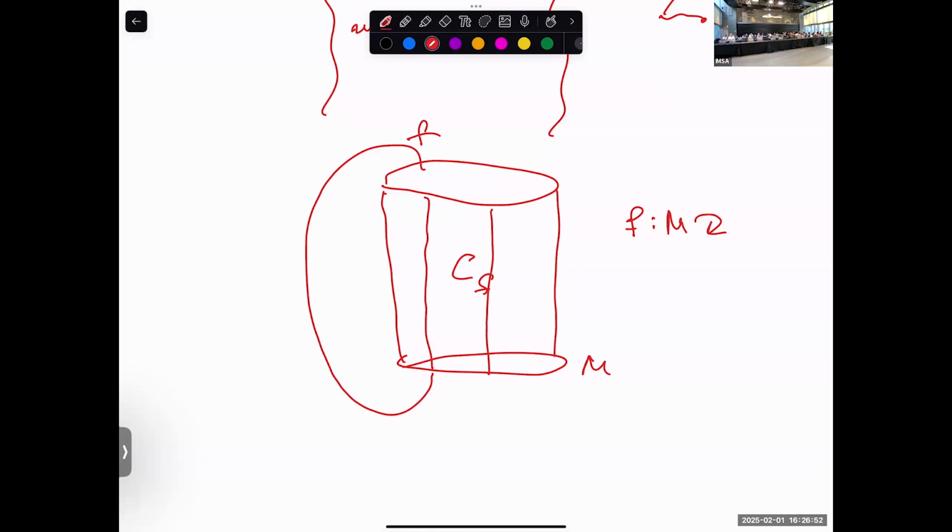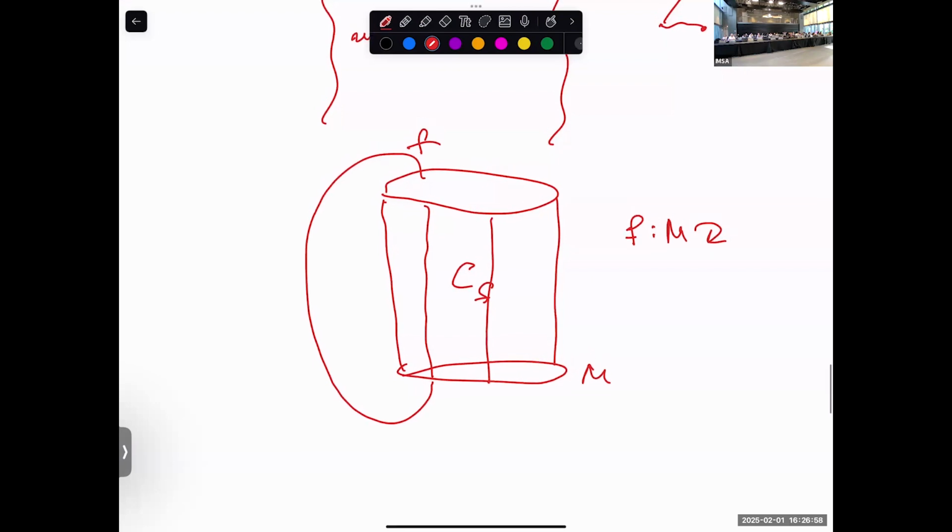So you take this manifold, and now I would like to make this thing convex. In particular, split the cylinder this way.